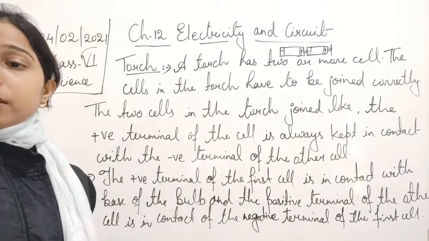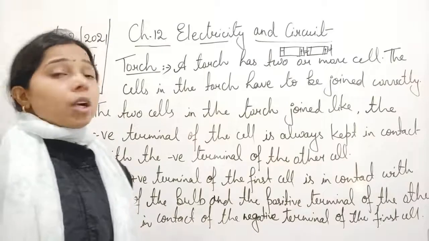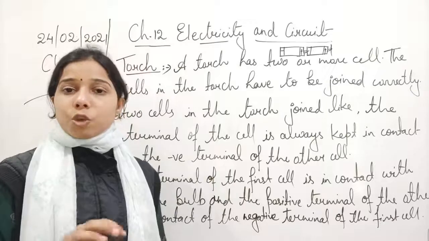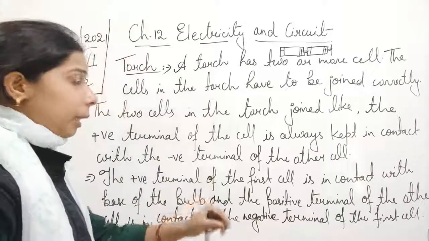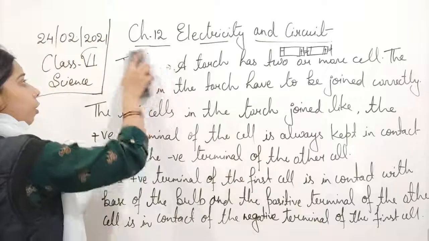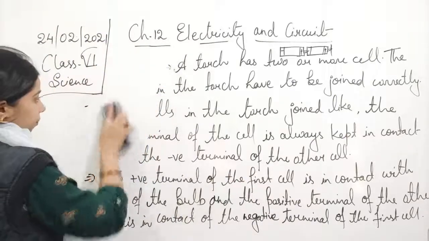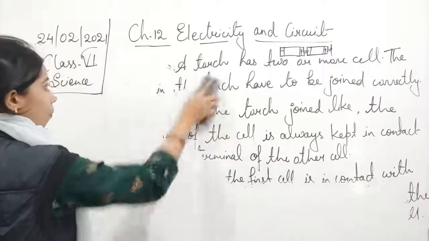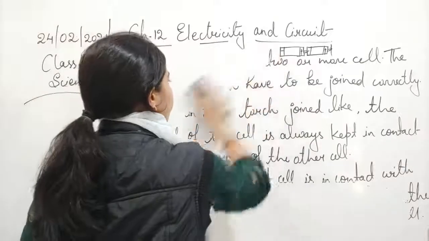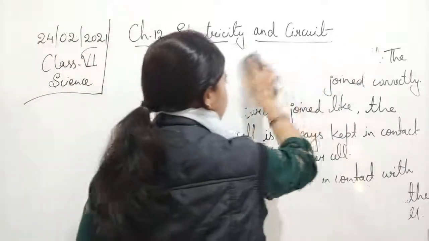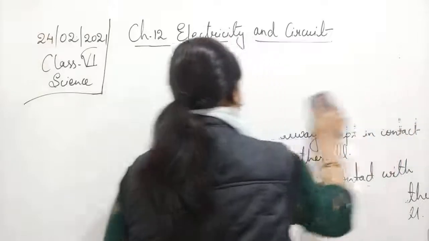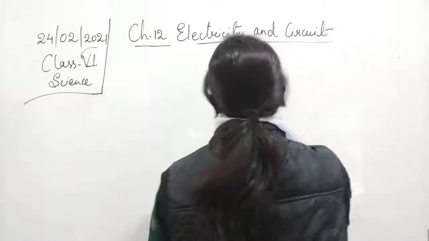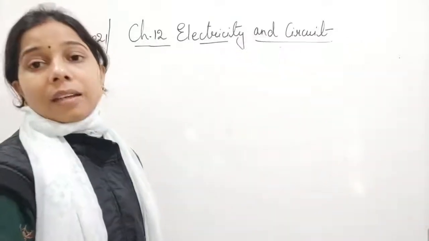So, students, we have discussed the torch itself: how the torch works and what we should remember while joining the torch or keeping the cells in it. Now moving on to the next topic, and that is conductors and insulators.